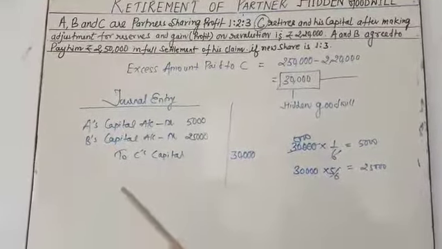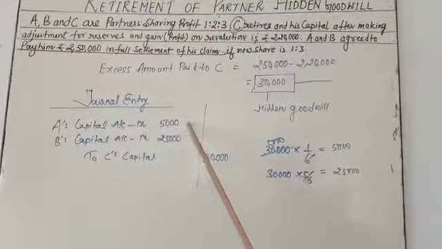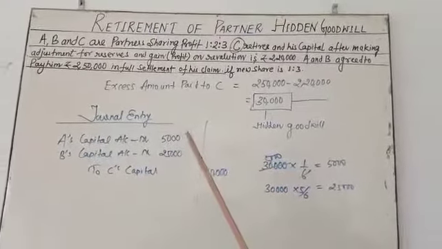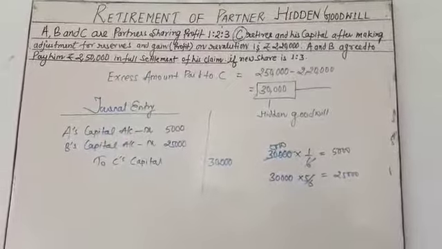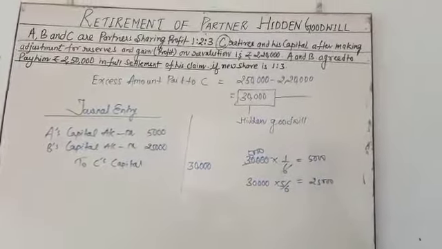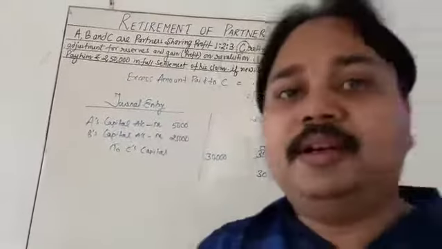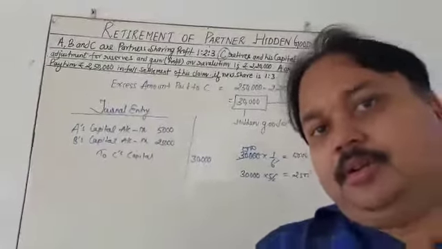It means A and B pay 30,000 in the gaining ratio, that is 5,000 plus 25,000 rupees. I hope you have understood this. It is very important, sometimes, because of the risk of calculation in long questions. Thank you.